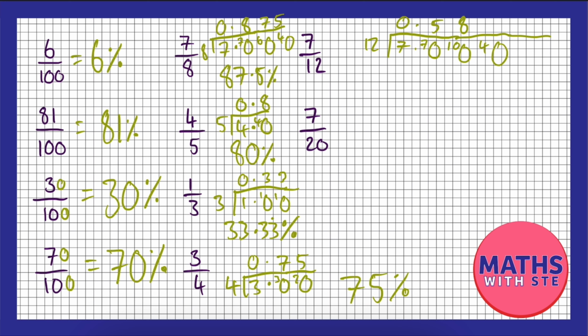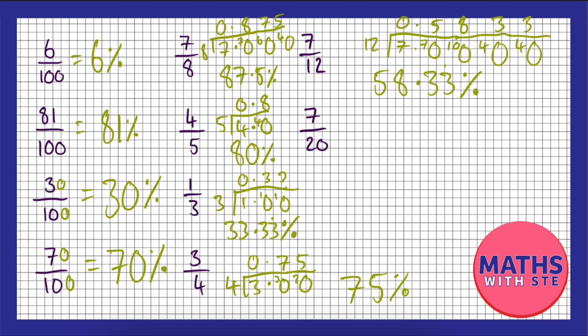Okay, how many times does 12 go into 40? 12, 24, 36. It's going to go in 3 times, and again with 4 left over. So there's going to be a recurrence there, isn't there? So if we times that by 100, that is going to be 58.33 recurring percent.